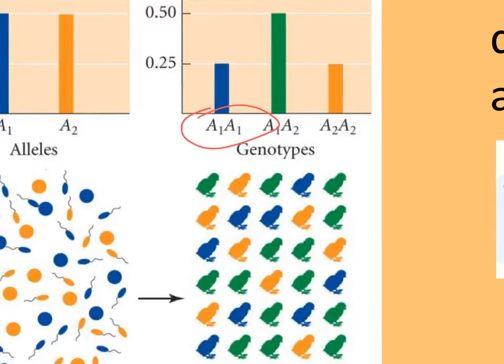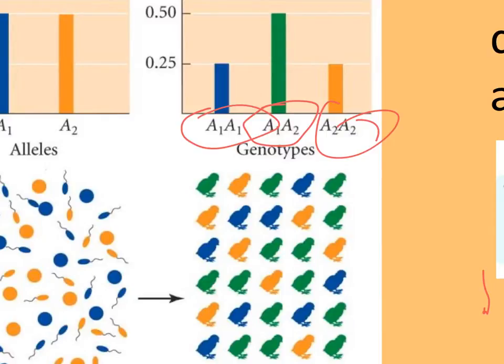They inherited one allele A1 from one parent and one allele A1 from another. Okay? And if you actually look at this, you see that there's also the same thing where both of them are A2. In other words, they inherited from mom an A2 and from pop an A2. However, there's also these individuals here that inherited an A1 from one parent and an A2 from the other.